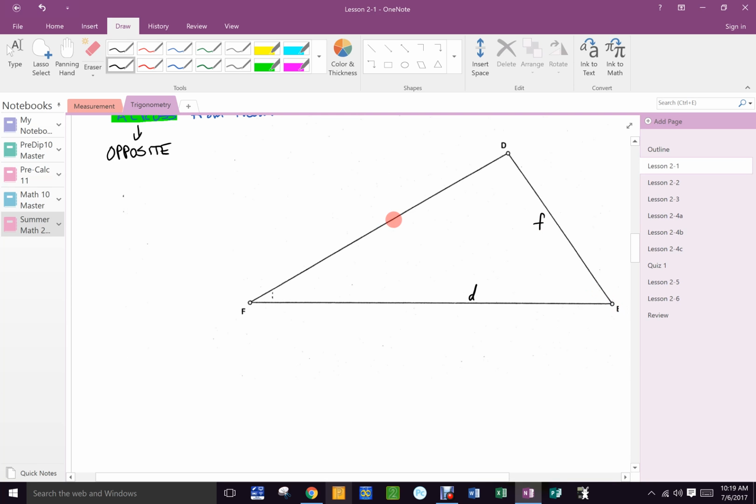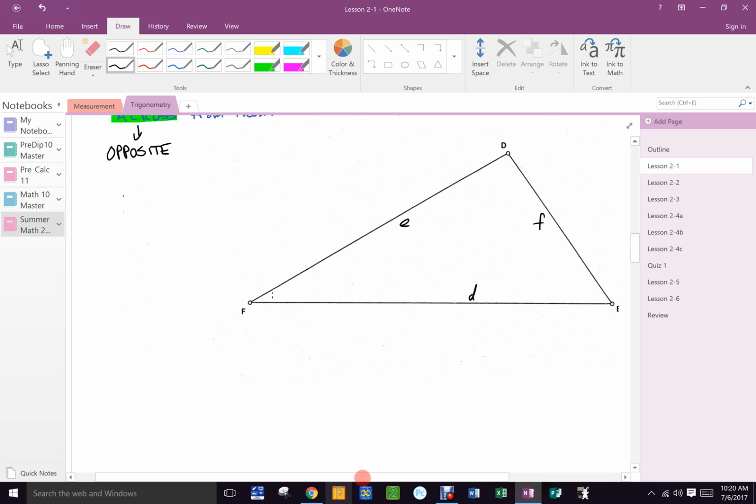What is this guy? Little e. Why? Because he's opposite big E. Everybody got it? Opposite means across. Okay? It's not a complicated concept, and yet, when we get into trig, people say, I don't know how to do it. But you all know opposite means across, yes?